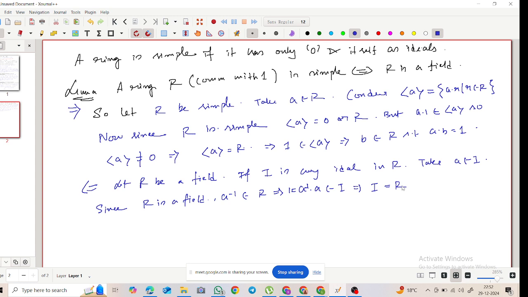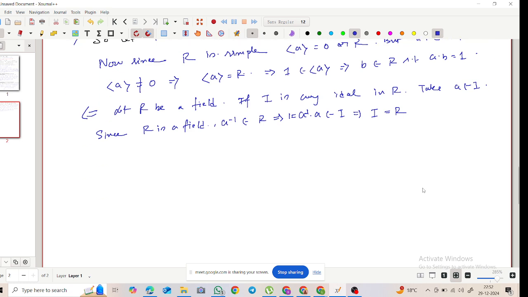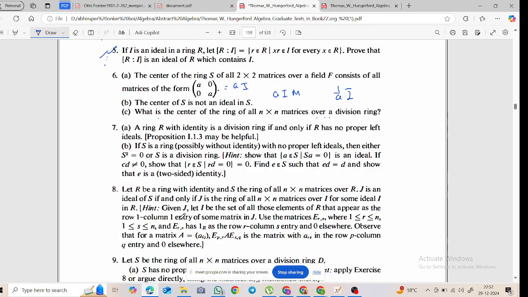Because if one is in an ideal, then the whole ring, every element of that ring is in that ideal. Okay. So this is done.